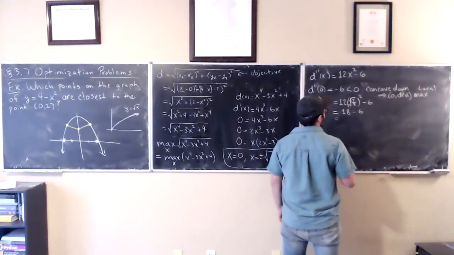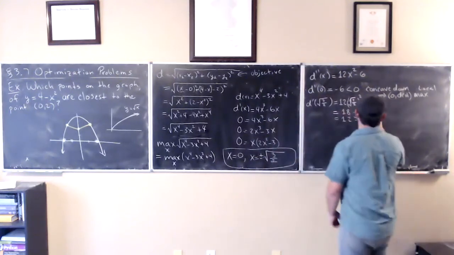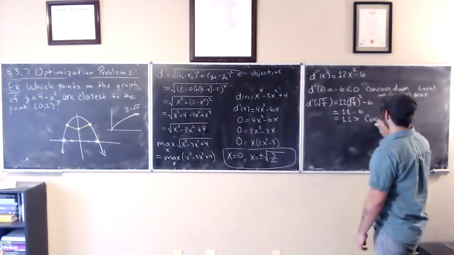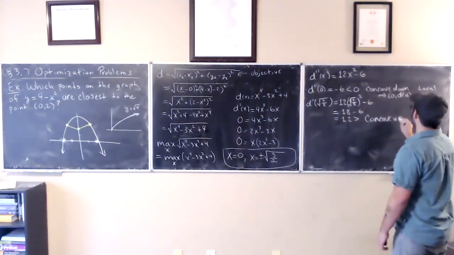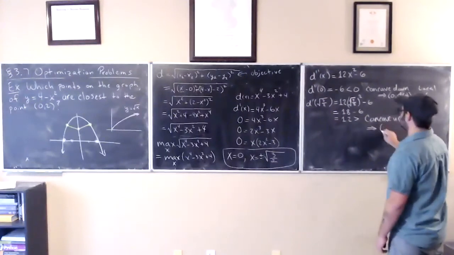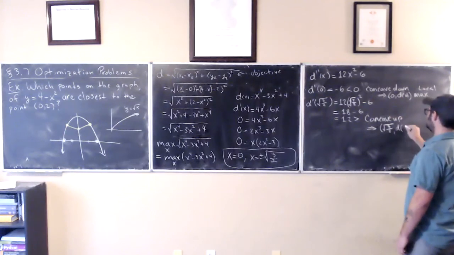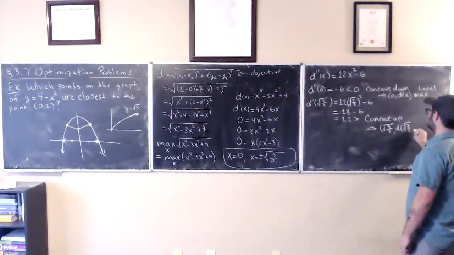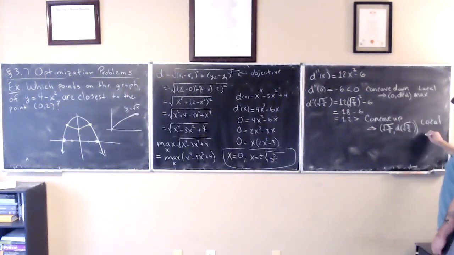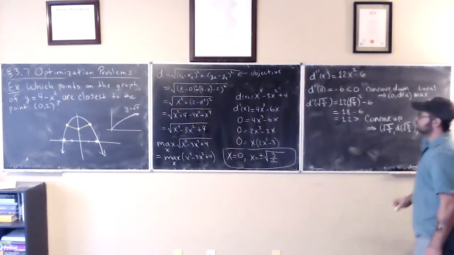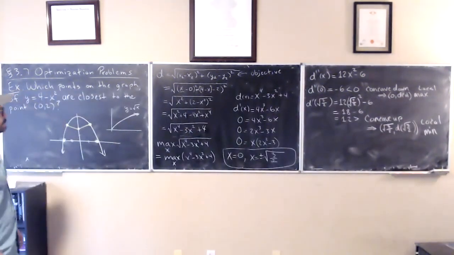So, all right. So this is concave up, which implies that root 3/2 comma d of root 3/2 is a local min. Okay.